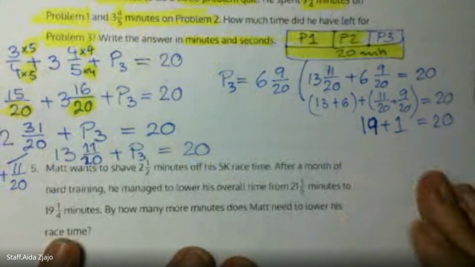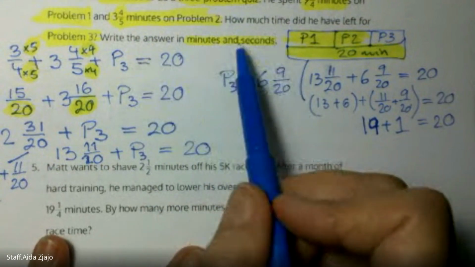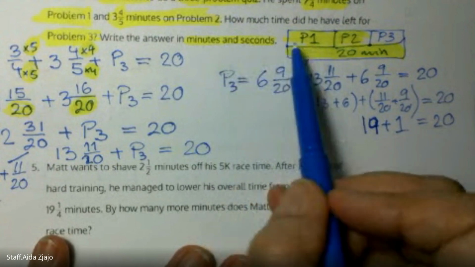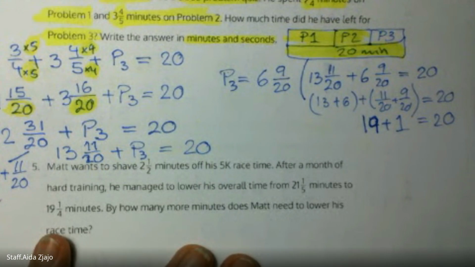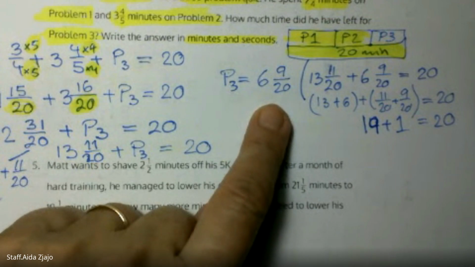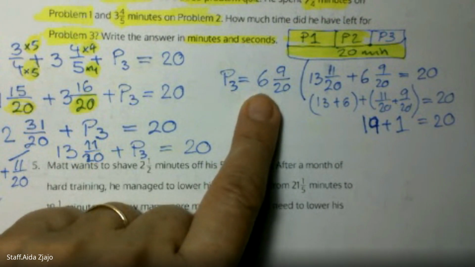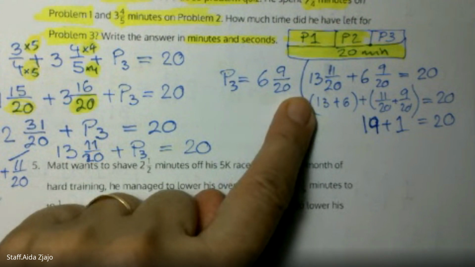But now they said to write the answer in minutes and seconds. So if I think about this, 6 minutes and 9 20ths of the next minute.